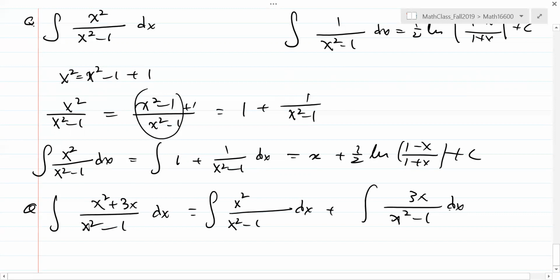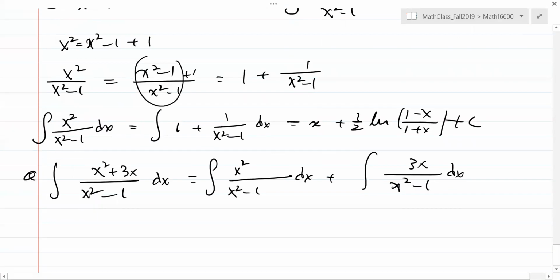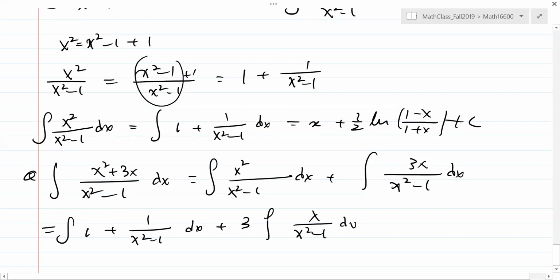Whenever there's x squared and here's x, you can use substitution. Let w be x squared minus 1. The first part we just did, right? x squared, you can have minus 1 plus 1. So actually you get 1 plus 1 over x squared minus 1, and dx plus 3 times x over x squared minus 1 dx.